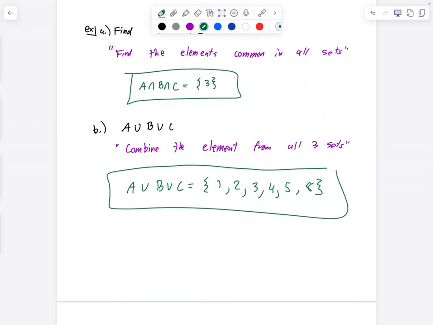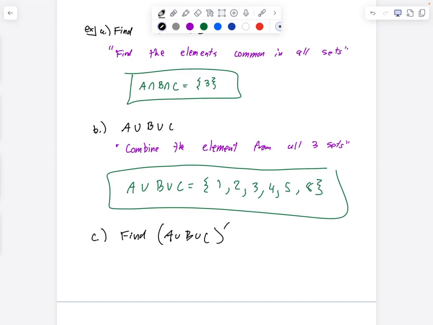To find the numbers that are not in any of the three sets in this case, right? Because I've already found A union B union C. So it's what are the numbers that are not in this new set? What elements are missing entirely from the sets?